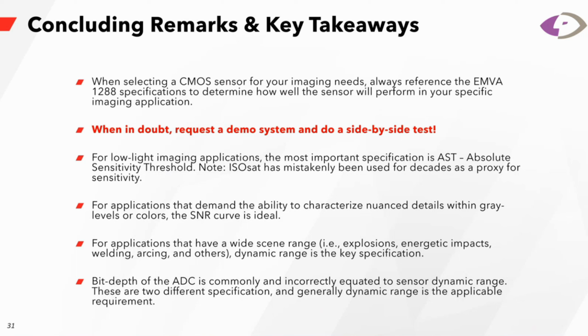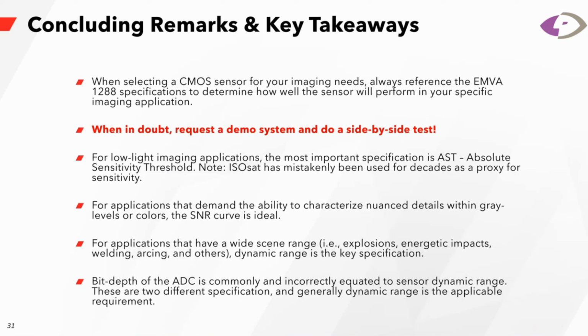In fact, this is actually the opposite of what you generally want when you're determining what sensor to use, as the ISOsat simply tells you how fast your sensor will reach saturation, and it does not take into account any sort of noise value in the measurement. For applications that demand the ability to characterize nuanced details in your gray levels or your colors, the SNR curve is ideal to investigate.